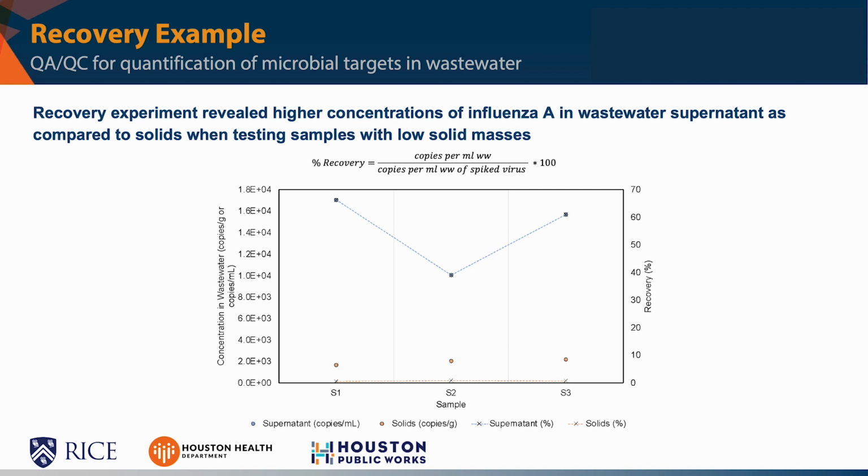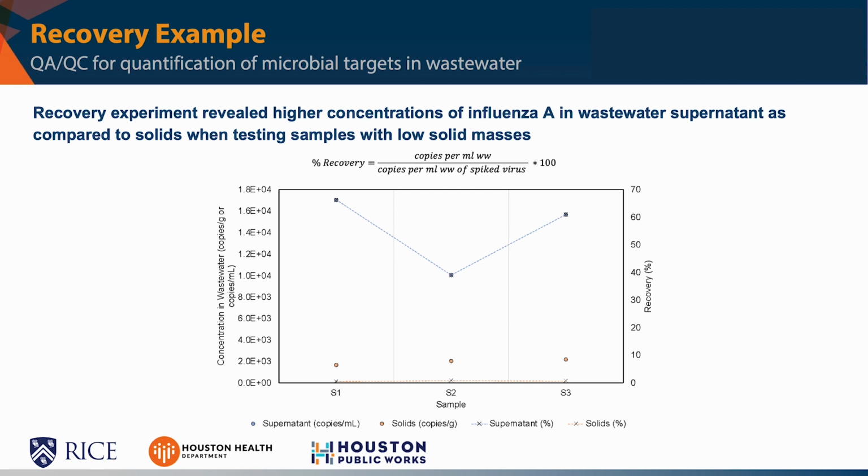The sample was homogenized and allowed to equilibrate before being aliquoted and centrifuged for another 30 minutes. This supernatant was then decanted and concentrated as usual while the leftover solids from each sample were resuspended using a lysis buffer and directly extracted. I also want to add that the solids for each sample were weighed throughout the process.